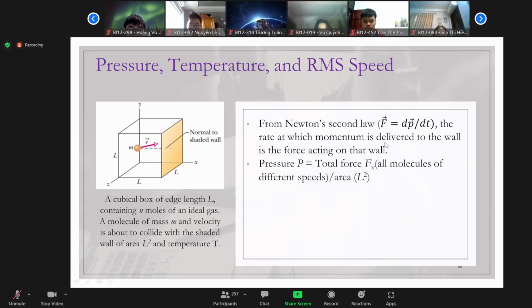The F is the momentum divided by the time. If we rewrite it, this is for the F of all molecules: molecule 1, molecule 2, molecule 3, and so on.